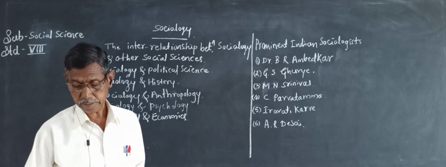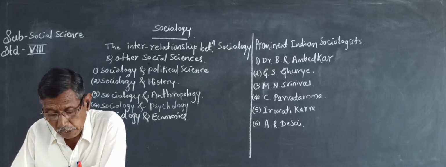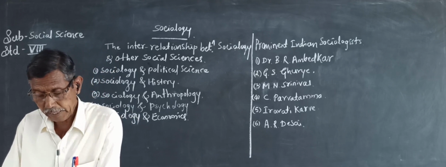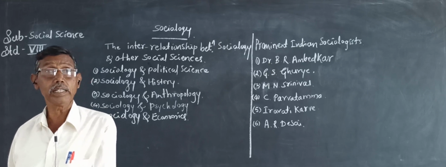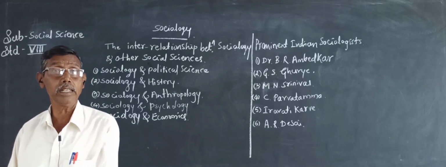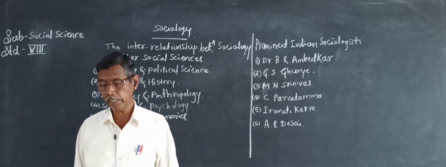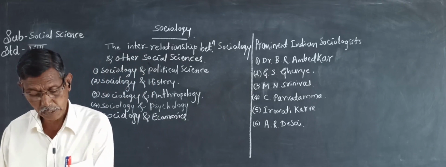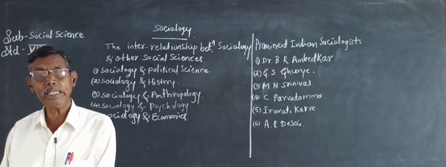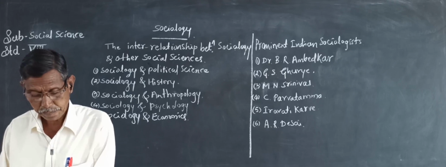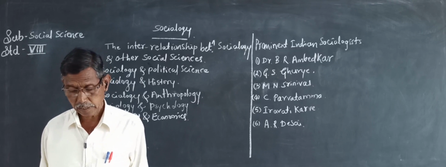Now A.R. Desai, another important sociologist of India. He worked as a UGC National Fellow. UGC means University Grants Commission. He was also head of the Department of Sociology of Bombay University. His full name is Akshay Ramanlal Desai.